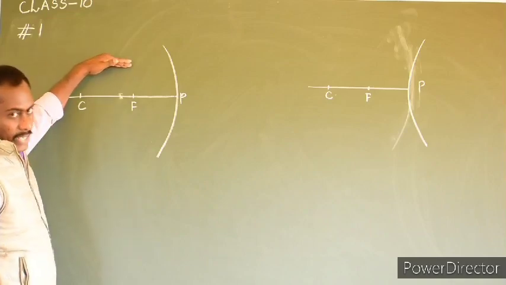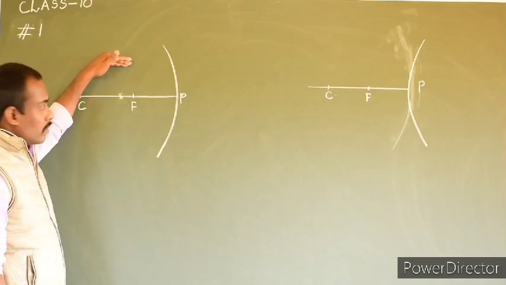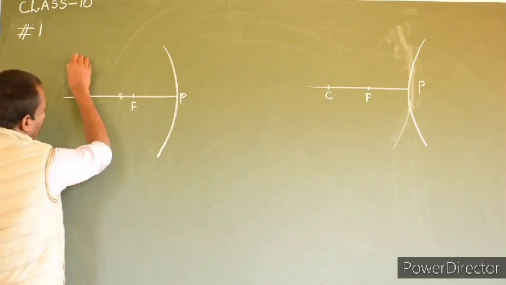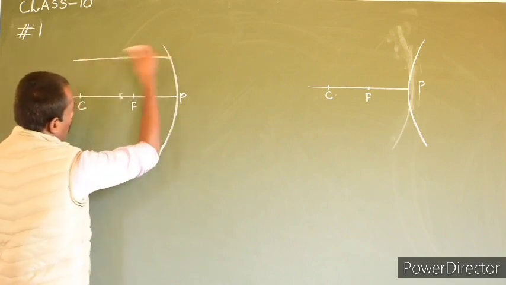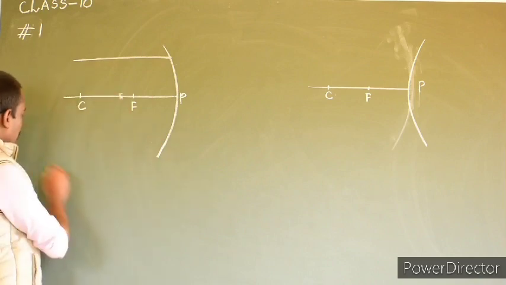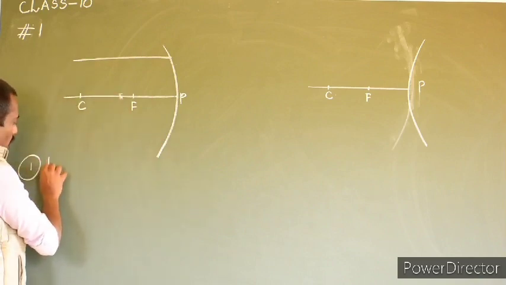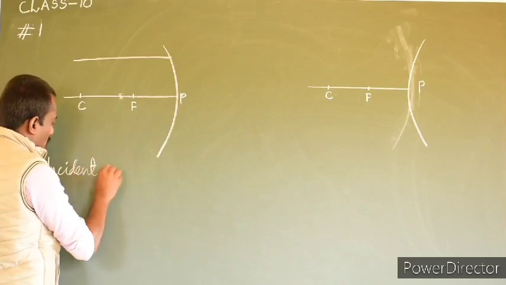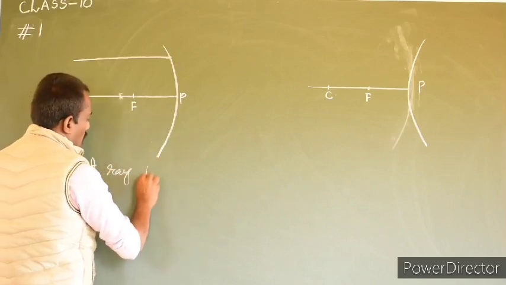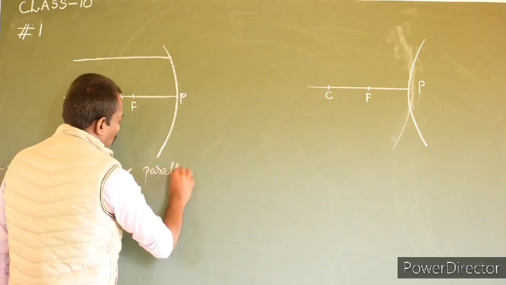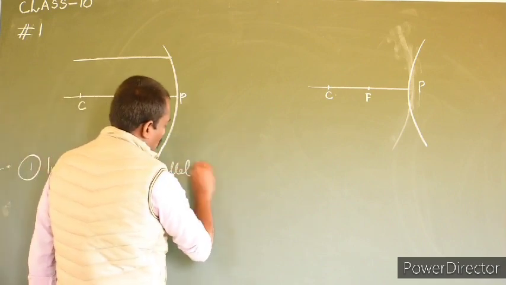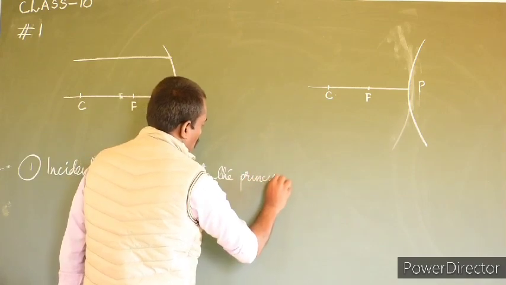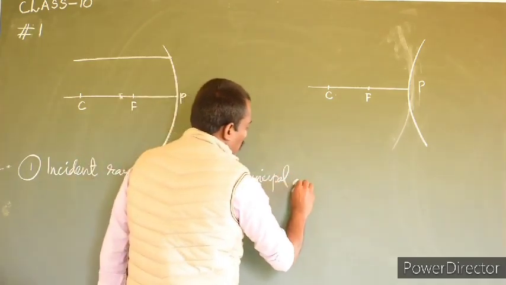Now, the first ray of light we are going to consider is a ray which is parallel to the principal axis. That is the first ray: incident ray parallel to the principal axis.